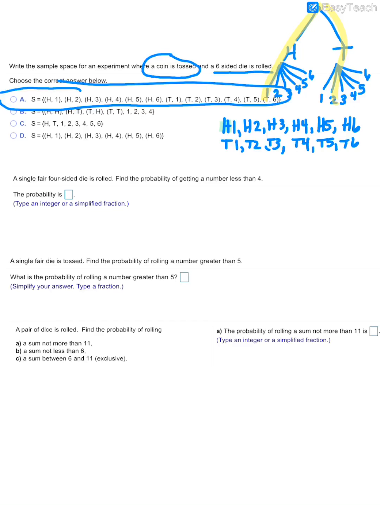Now, when they ask me about the probability of an event, that is where you're going to look at the number of ways that the event can occur. So in this case, I'm trying to get a number that is less than 4. And so if I'm thinking about a single four-sided die that's rolled, if they don't tell you anything else, you assume that it has the numbers 1 through 4.